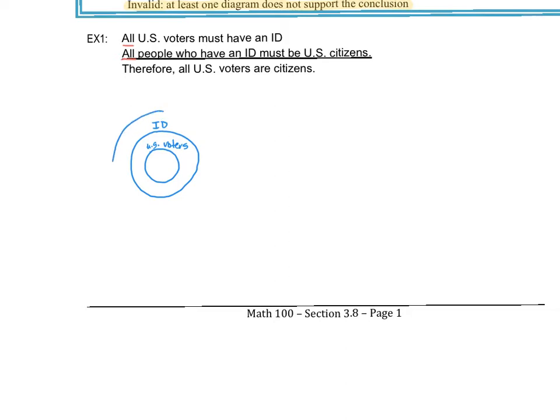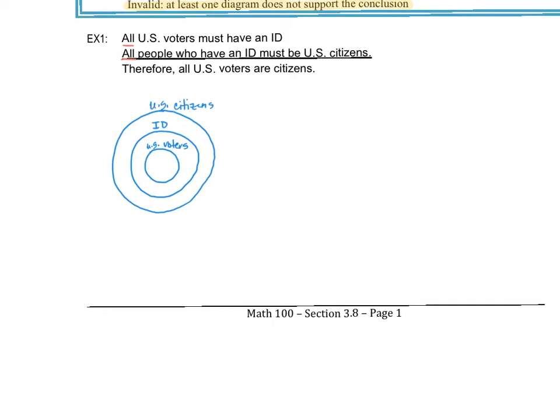So this second premise I'm drawing on top of the first premise. So I've drawn a diagram that makes my premises true. So this diagram represents premise 1 and premise 2.